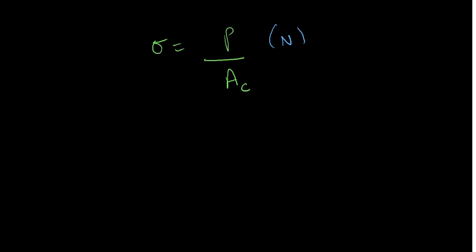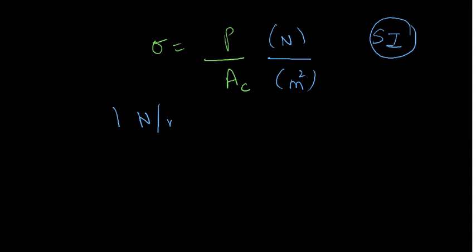So N divided by meter square if we take SI units. Now this means stress can be expressed in newtons per meter square. So 1 Newton per meter square, that's your stress, can be termed as 1 Pascal. Okay, this is Pascal.